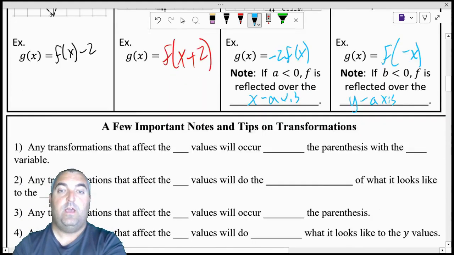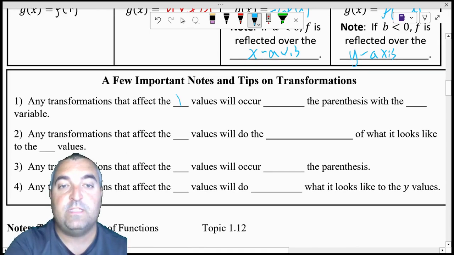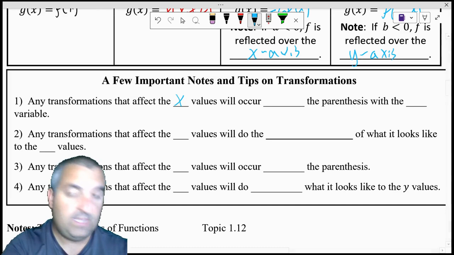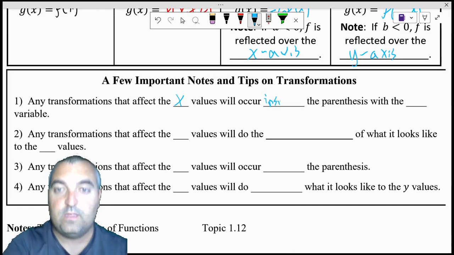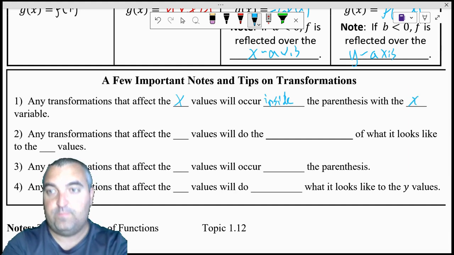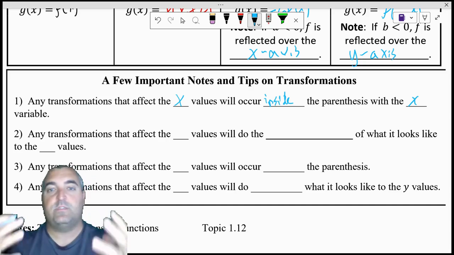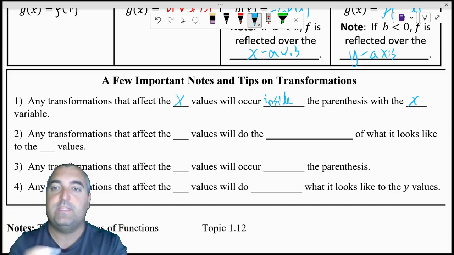All right, so a few important tips. Any transformation that affects the x values will occur inside the parentheses with the x variable. Inside parentheses could also mean inside a square root, grouped with the x.